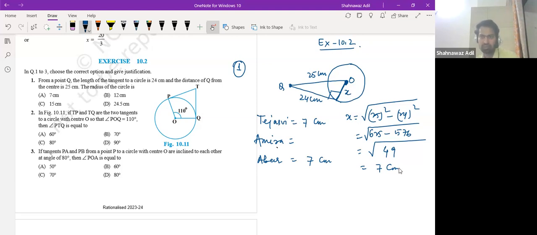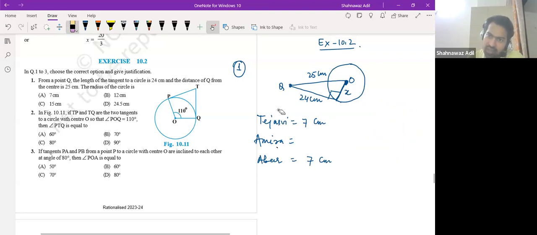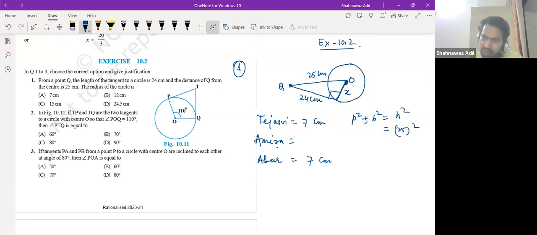So this x is the side, the perpendicular. So we can use the Pythagoras theorem, right? Perpendicular squared plus base squared is hypotenuse squared. Hypotenuse is 25 squared, base is 24 squared, and this perpendicular is x. So x squared is 25 squared minus 24 squared, which is 625 minus 576.